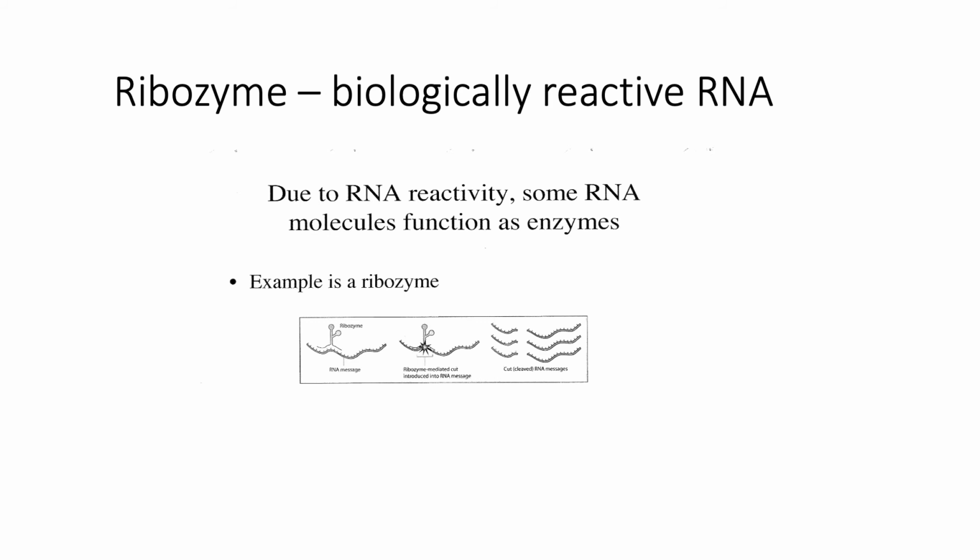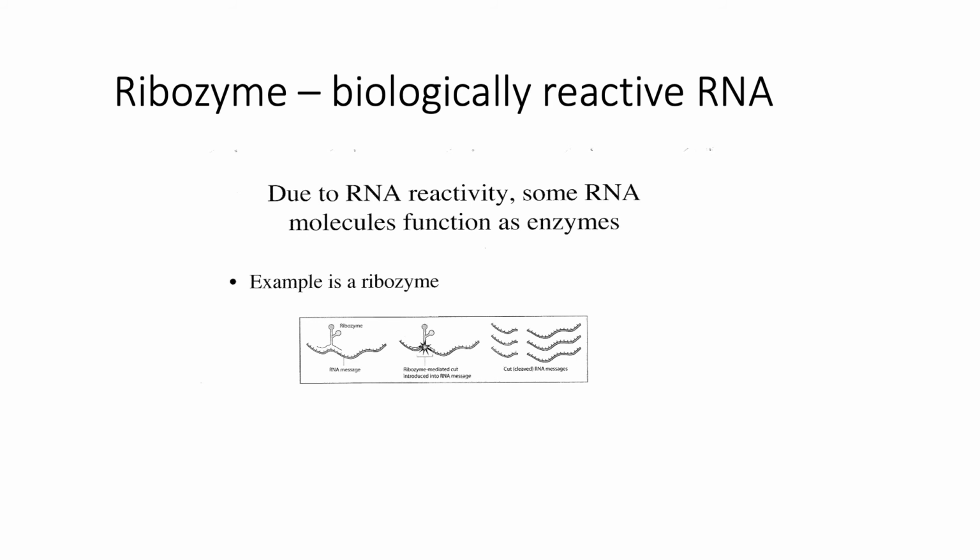Due to the reactivity of RNA, some RNA molecules function as enzymes, and this is an example. We know that RNA can cut itself. We saw that with the autohydrolysis. But here these are specific RNA molecules, ribozymes, which cut other RNA molecules.